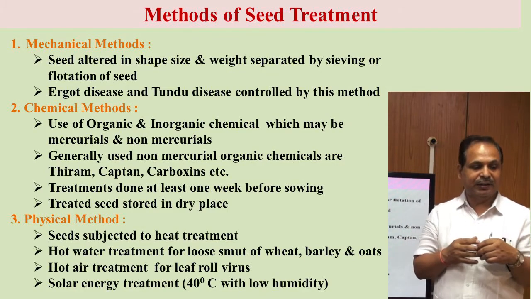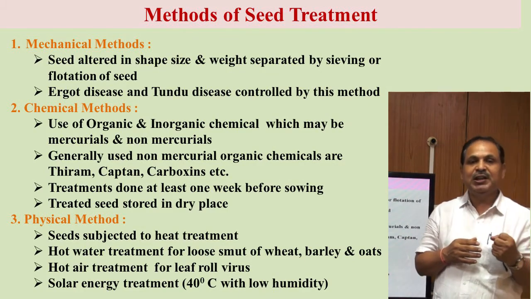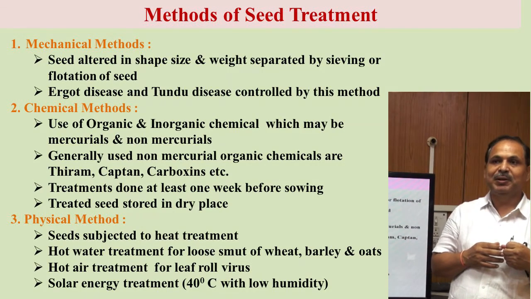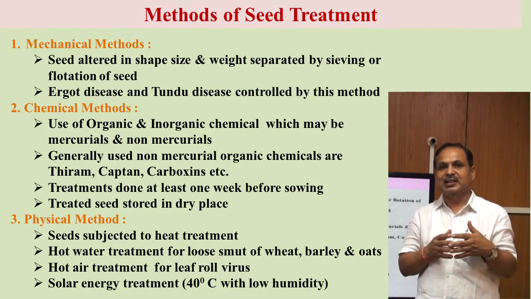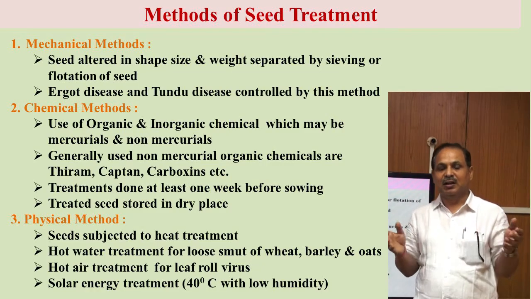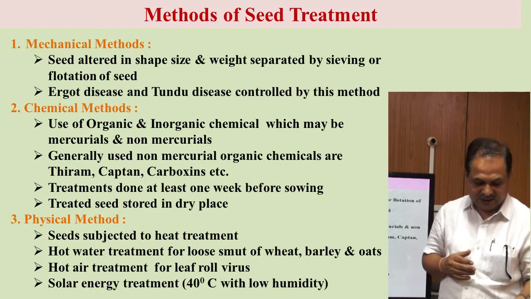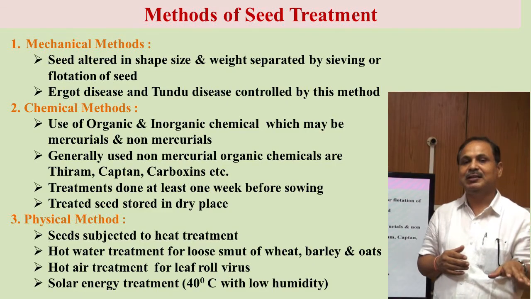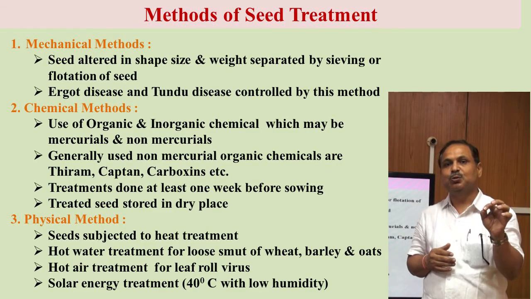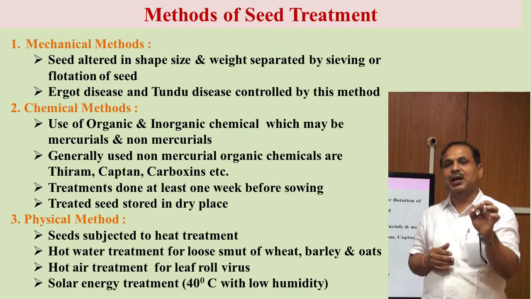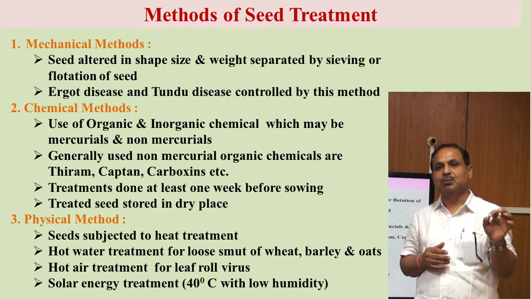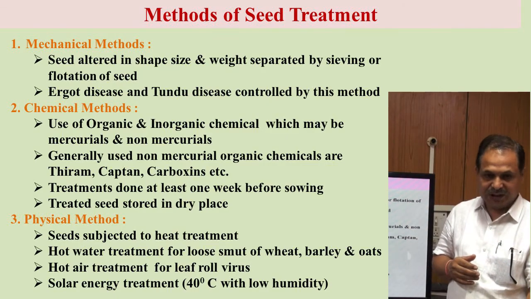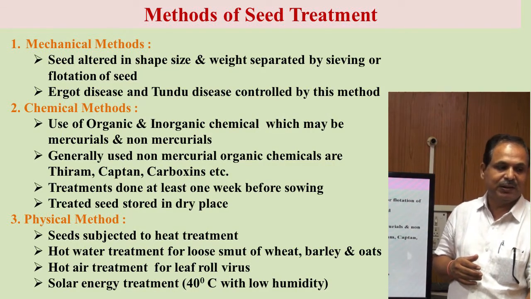Sometimes solar energy treatment is also done for seed treatment. In this case, seeds are spread in the sunlight in dry places, and the seed should be exposed to at least 40 degrees centigrade. When the temperature is 40 degrees centigrade, some of the diseases will be controlled by these methods.